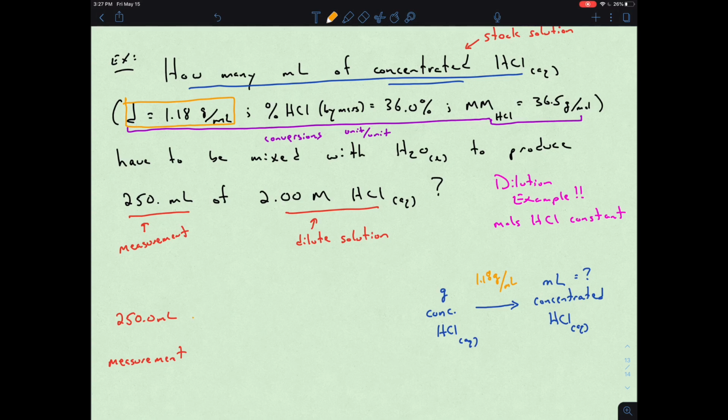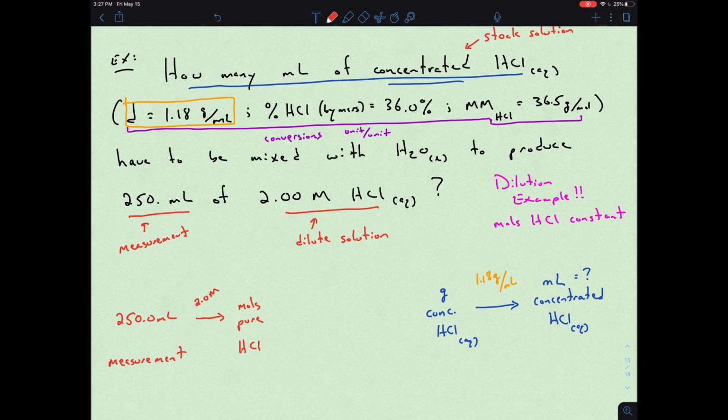And the first thing that I see is the fact that we have a molarity. Right? So we can get to moles of pure HCl using our 2.0 molar solution. So we have to do a conversion maybe to get that, but we get to moles of pure HCl. And if I think about it, now what conversion has moles in it?